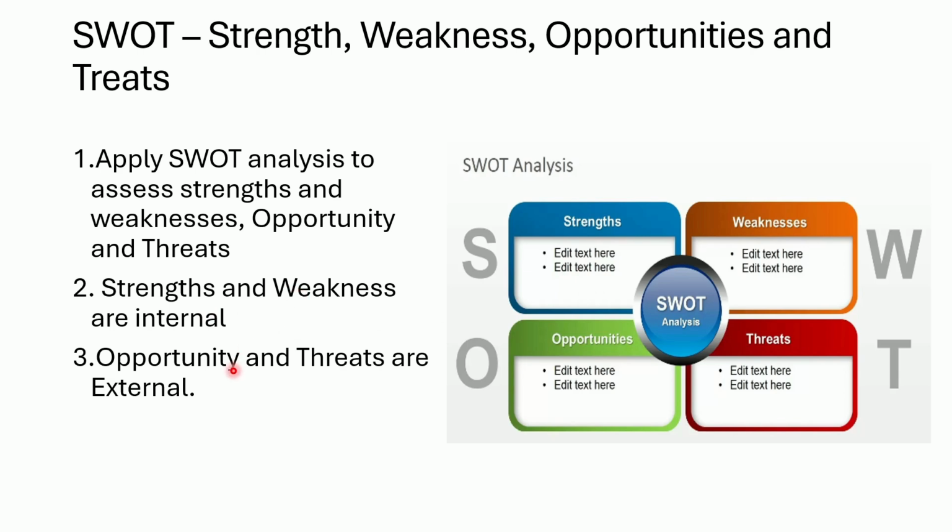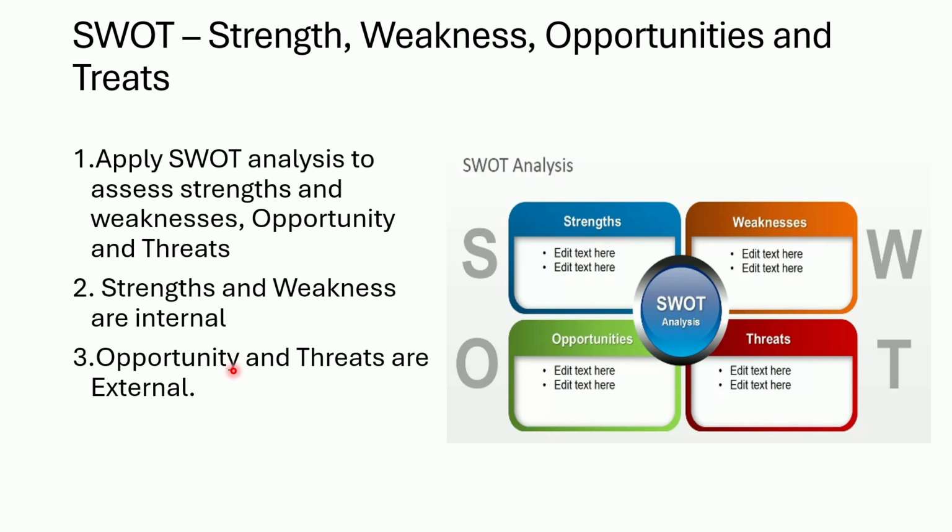So it is common for any system, regardless of whether it is a business system or a personal system. Strength and weakness are always internal factors. So when you are doing SWOT analysis, the strength you can list out is whatever internal factor is a strength. Similarly, the weakness is also an internal factor.